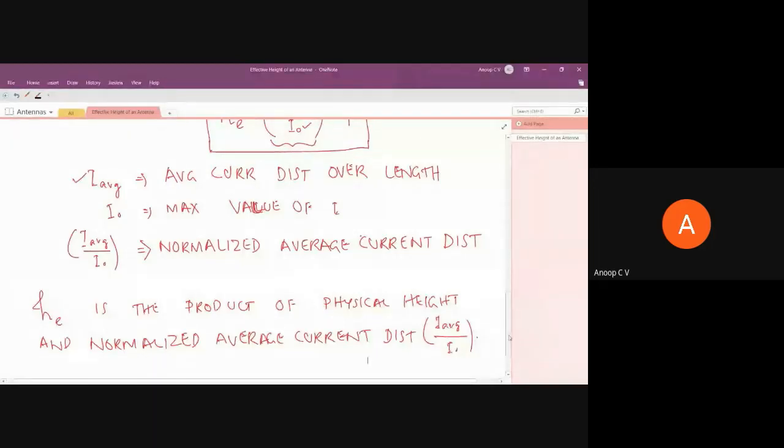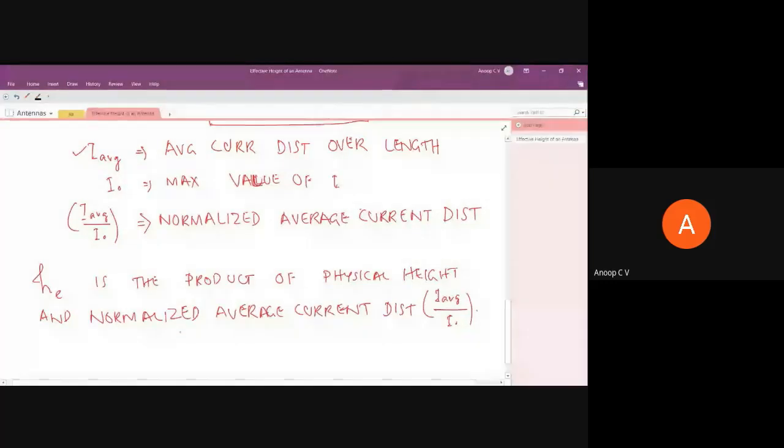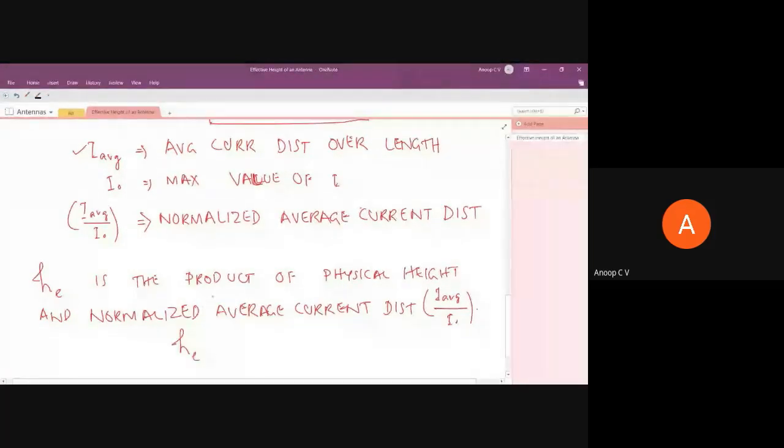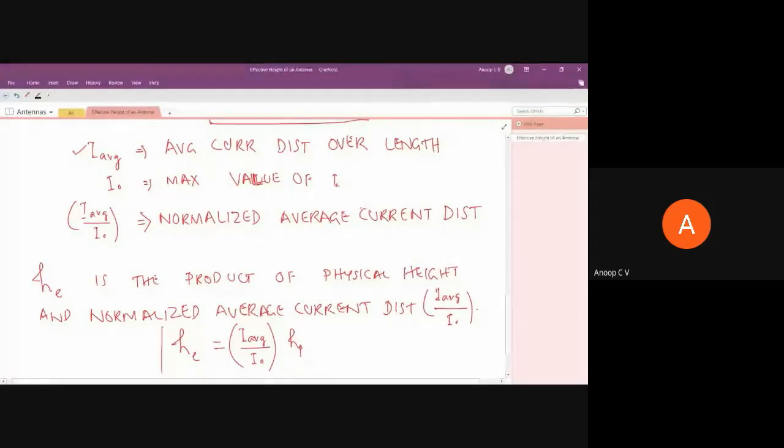So once again, this is very, very important: the effective height is equal to I average by I naught, times the physical height. This is a very, very important thing.